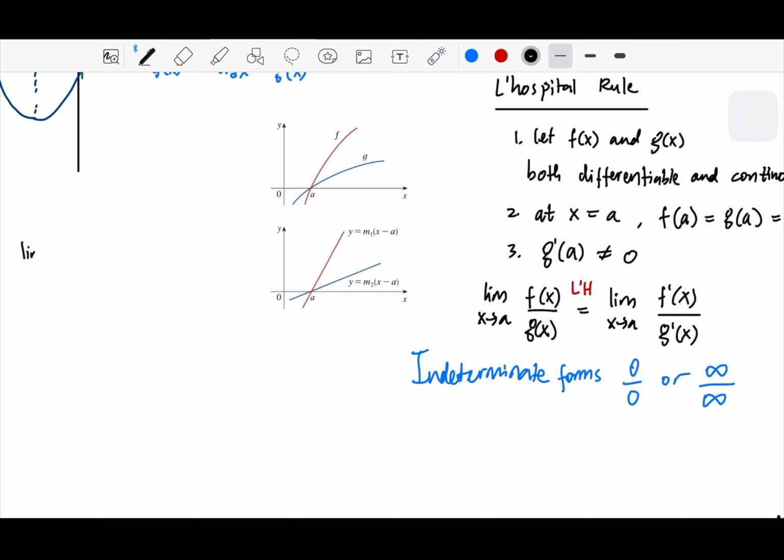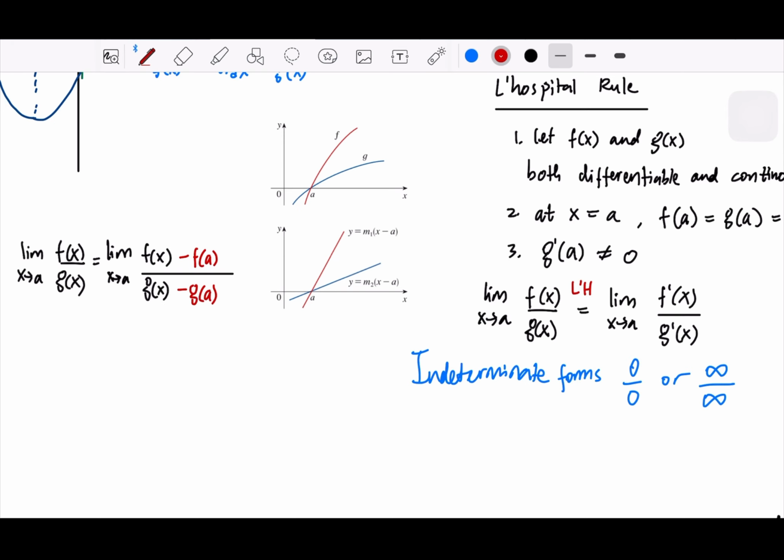So limit, because f of a and g of a are equal to 0, I think it's okay if you just write f of a like this and g of a like this, right?